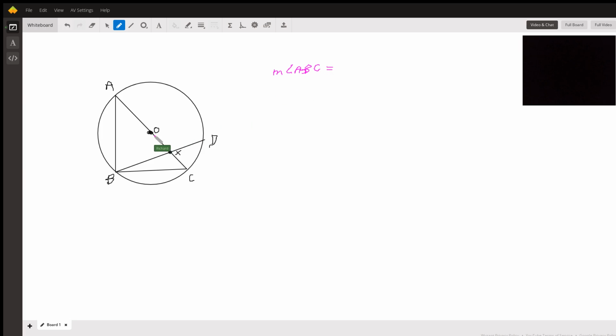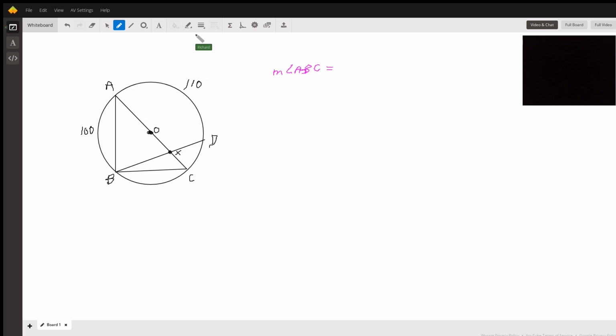I'm sorry, some other pieces of information are given to us, and I didn't put them in. We're given that arc AB is 100, and arc AD is 110. Now we can do the problem.